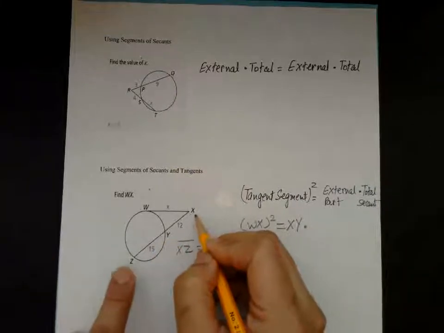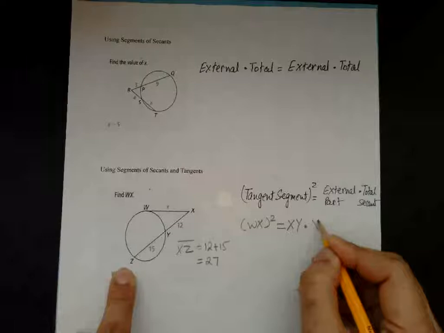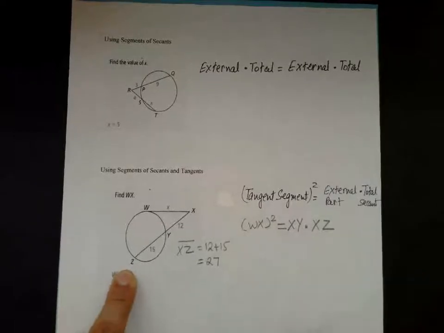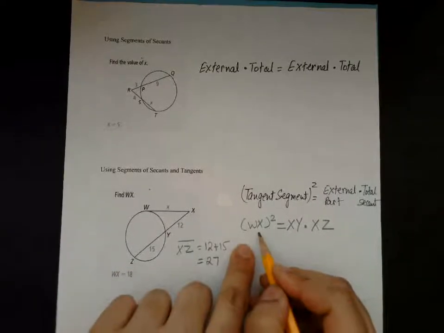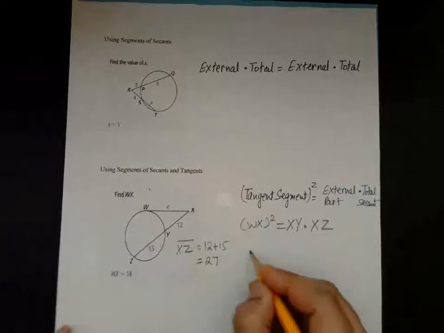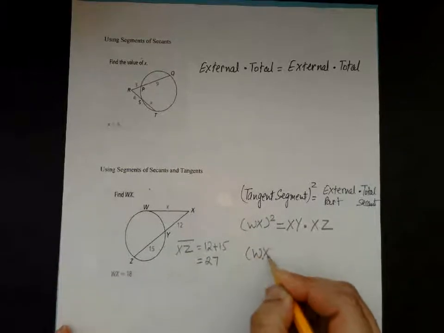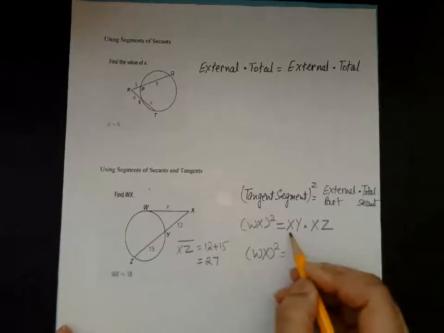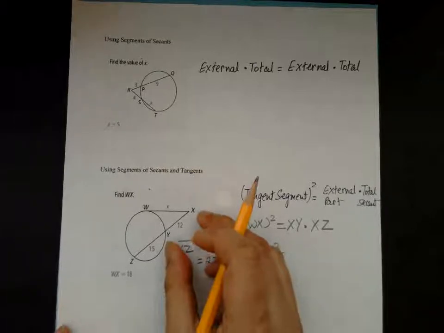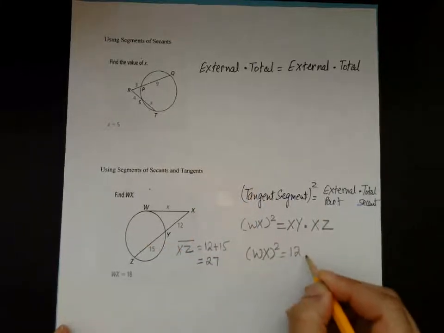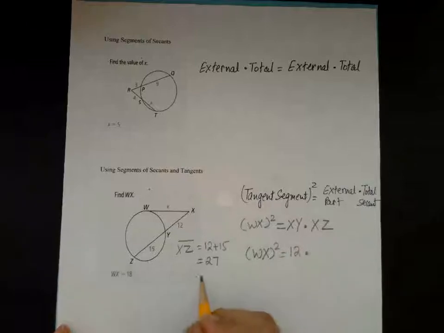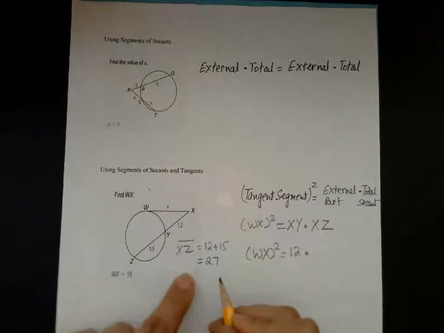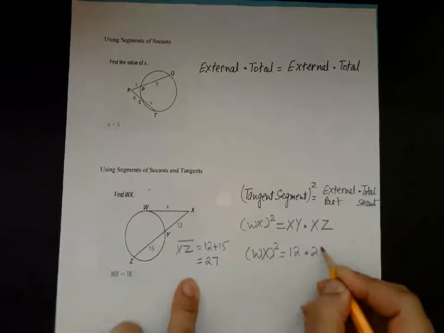Total secant is XZ. Let's plug the values. Do I know WX? Not yet. So WX squared. Do we know what is XY? Yes, XY is 12. What is XZ? XZ is nothing but 27. We just calculated it. Times 27.